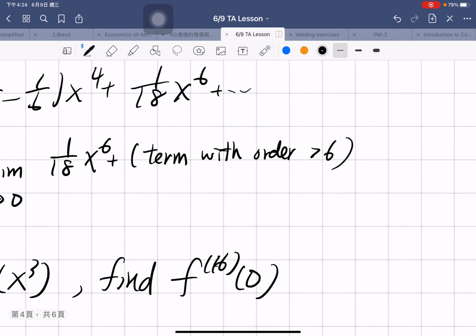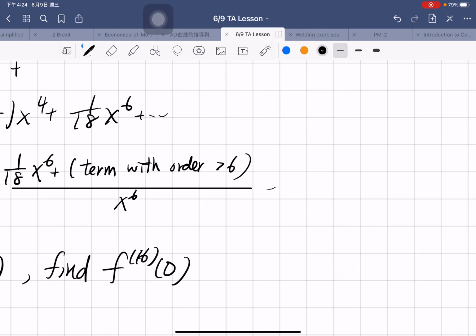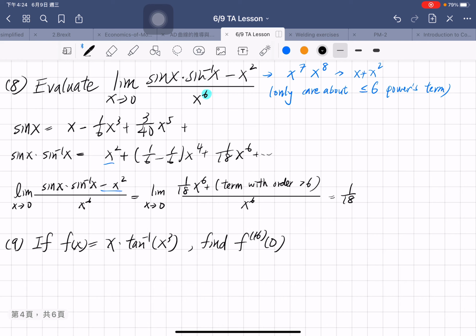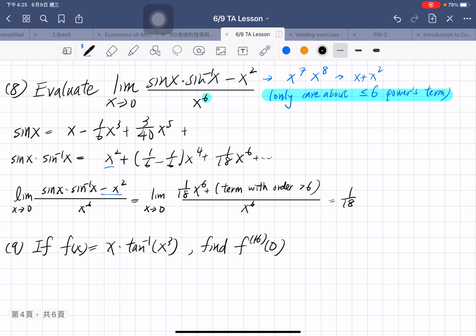Okay, and other terms will just be unimportant, so the answer will be 1/18. Okay, so this question is kind of tricky, but just notice that you only care about the terms with a power smaller or equal to 6. So you list out up to 6 power or 5 power, because the next one will be 7 power.